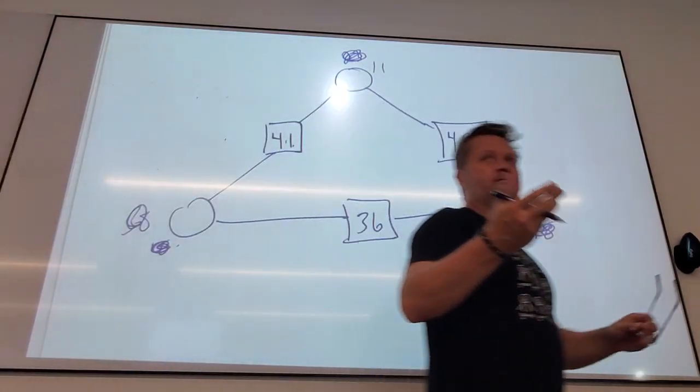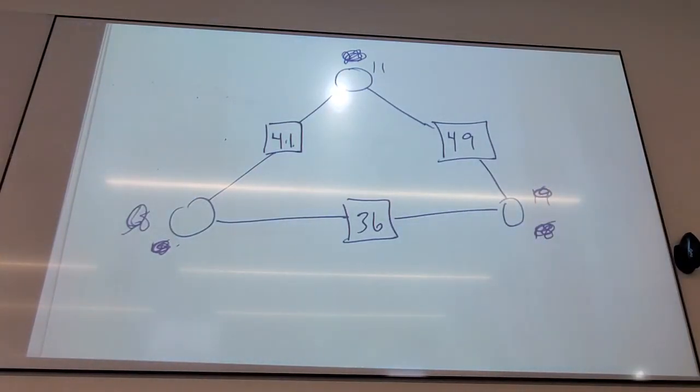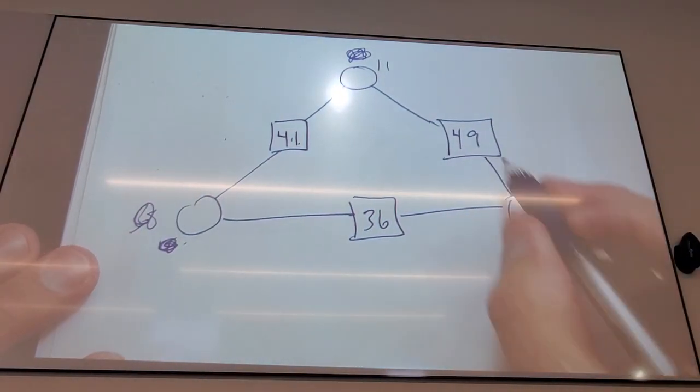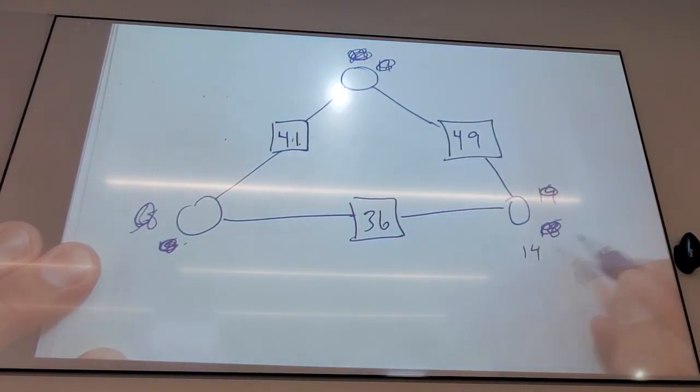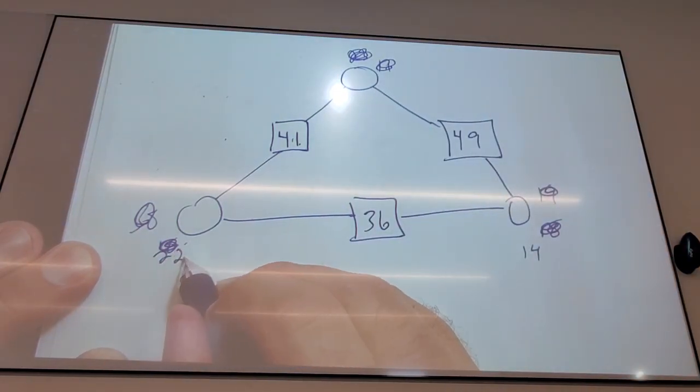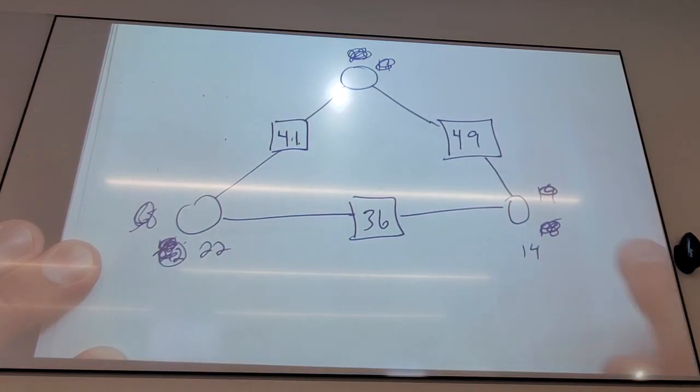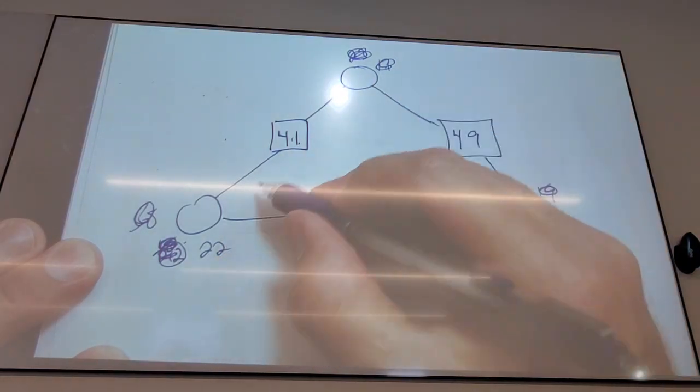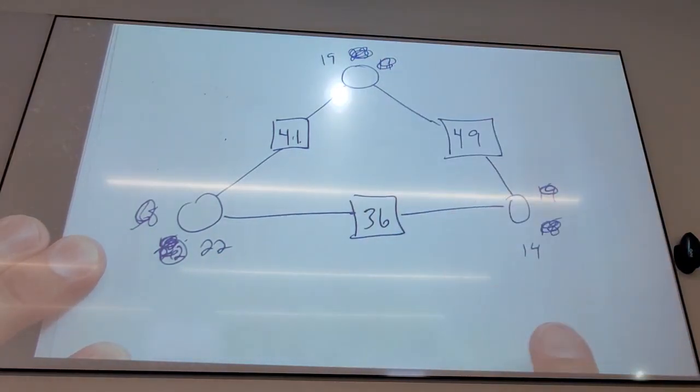So now, I'm giving away the answer, but let's see. If I put 14 here and 22 here, that would mean this would have to be 19, but then this doesn't work, right?